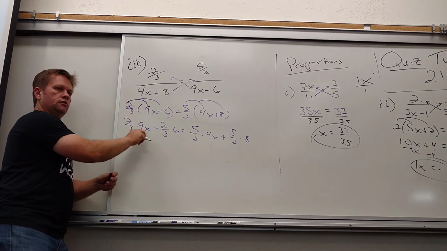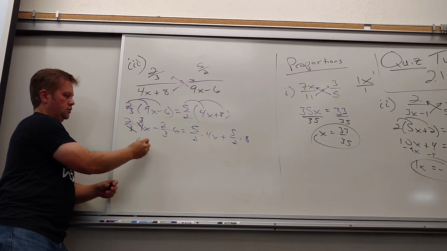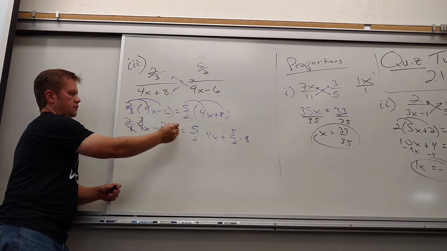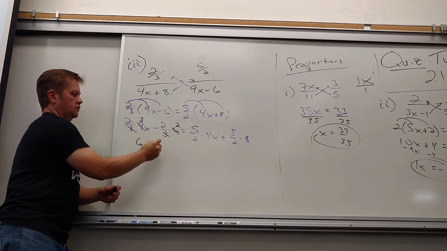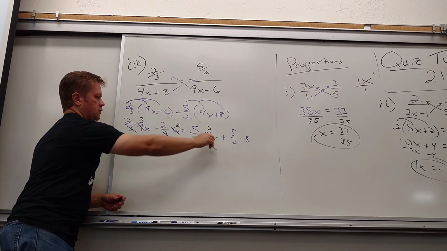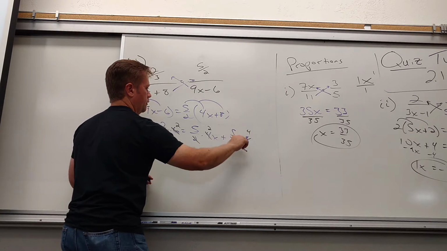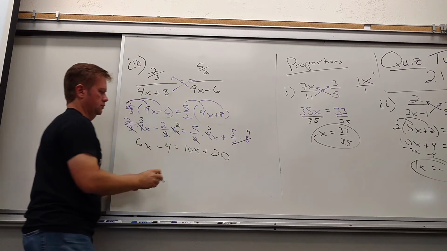What happens here? Yeah, 3 goes into 9. 2 times 3x is 6x. 3 goes into 6. 2 times 2 is 4. 2 into 4 is twice. 5 times 2 is 10x. 2 goes into 8. 4 times 5 is 20.